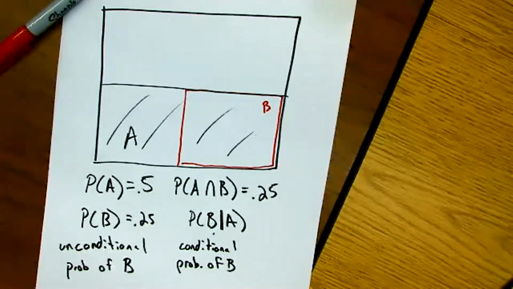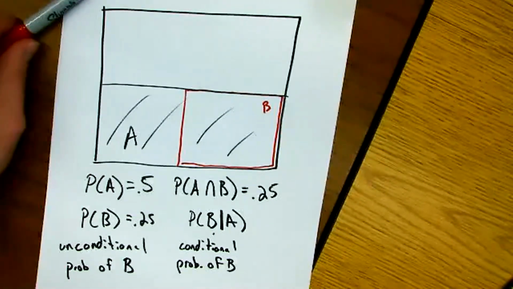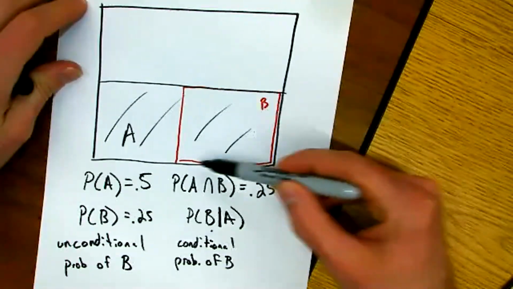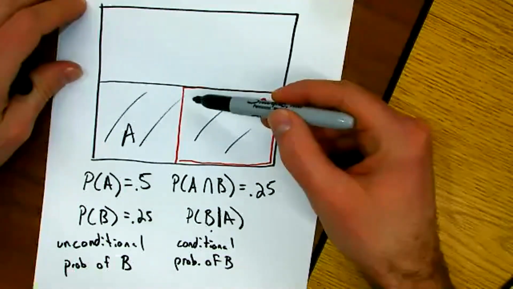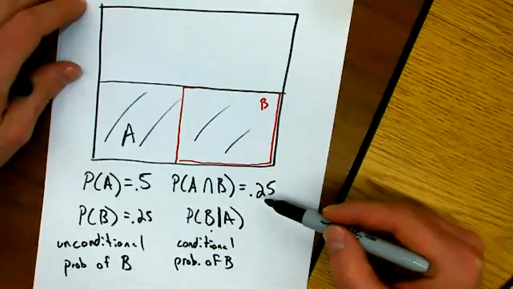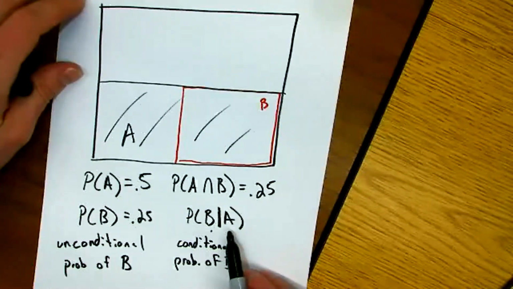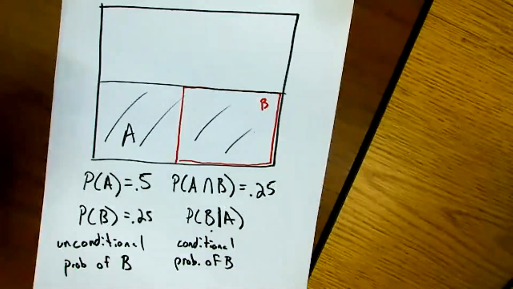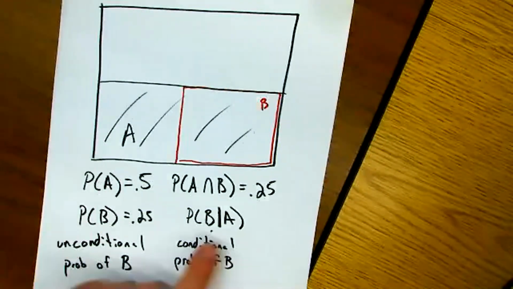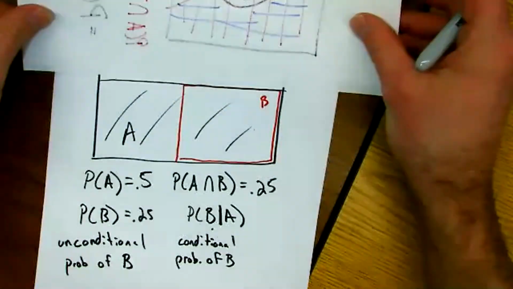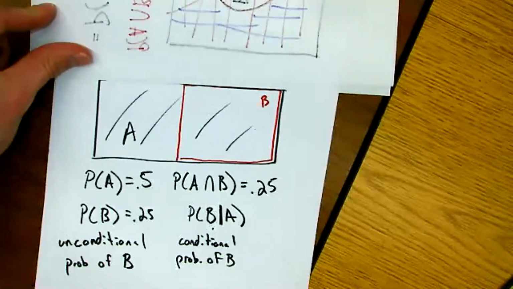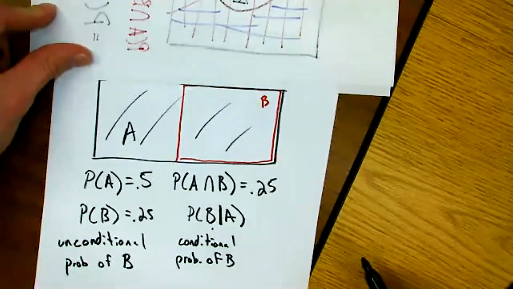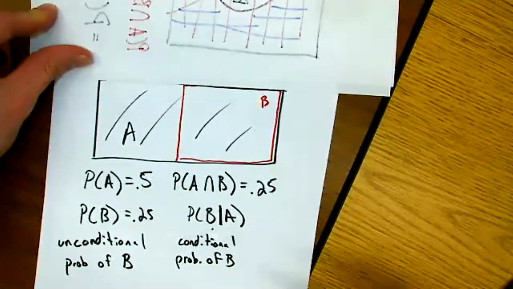Well, the area of B intersected with A is 0.25, and now that I know A has occurred, the entire experimental outcome space is no longer 1, because I'm telling you that A has occurred. So now the only outcome space left is 0.5, or whatever the probability of A was.